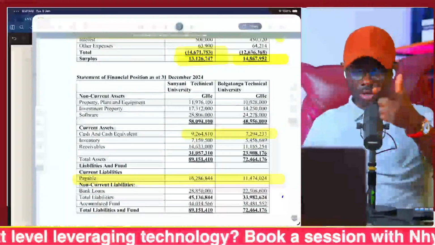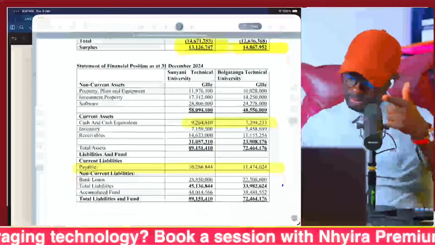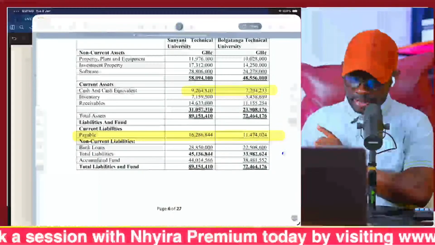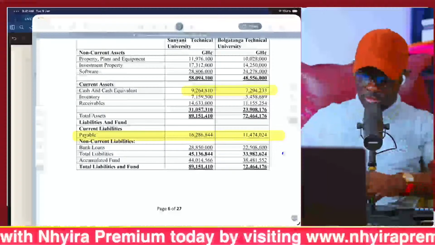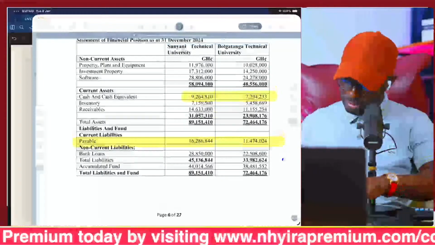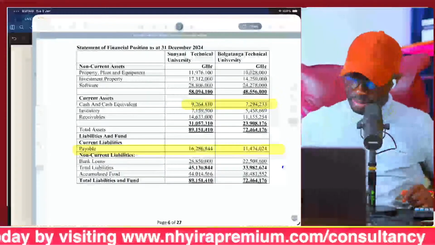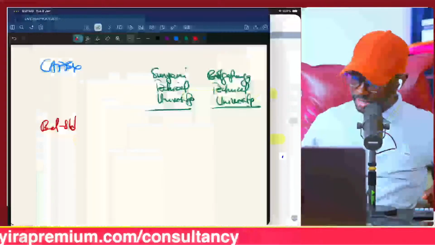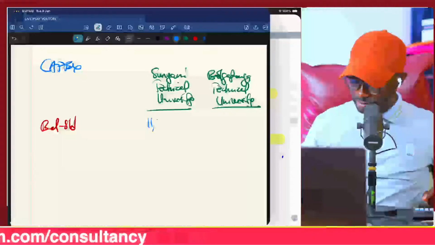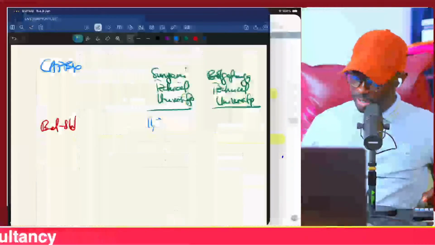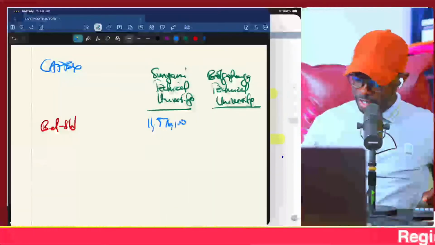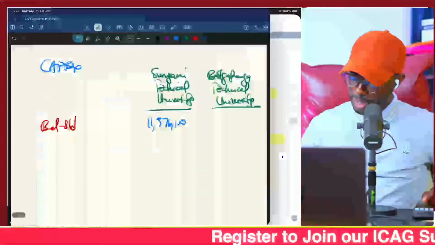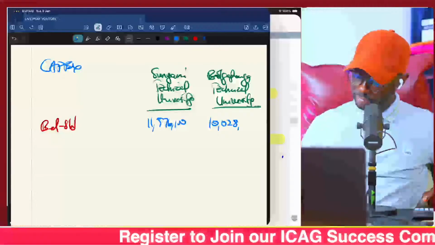And that is going to give us 11 million 900 and property, plant, and equipment for us in respect of that. 11,976,100. Is it 9 or 7? Yeah. 976,100. As against 10,028,000.